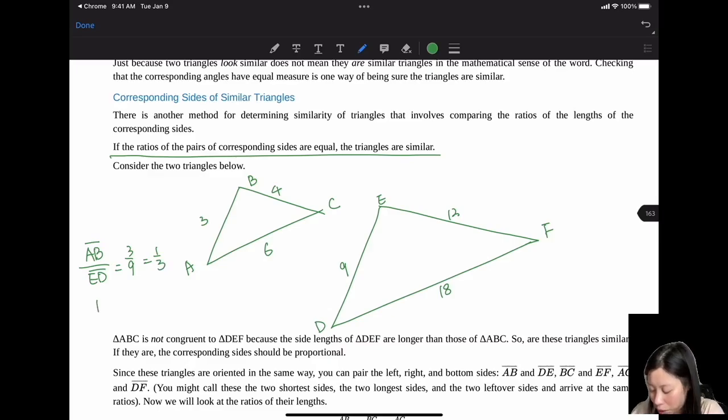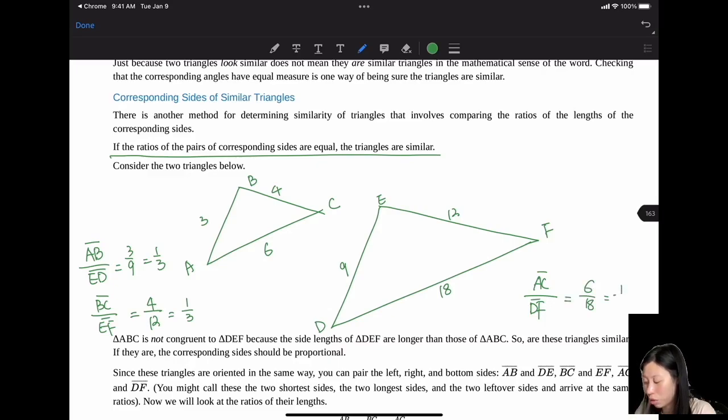And then side BC over side EF is equal to 4/12, which, when you simplify, is equal to 1/3. And then the last side, side AC over side DF, is equal to 6/18. When you simplify, it's also equal to 1/3. Look, the ratios of the pairs of corresponding sides are equal. So that means what? By the definition, these triangles are also similar.